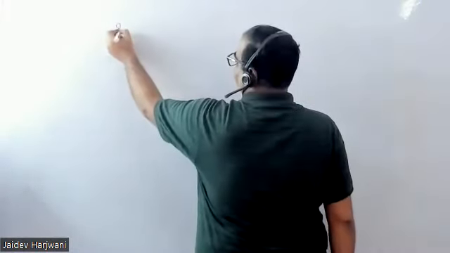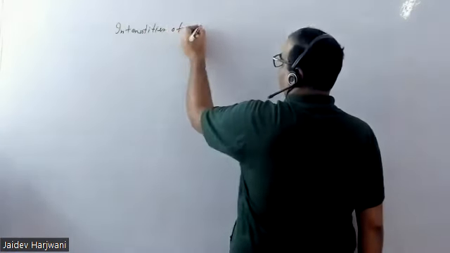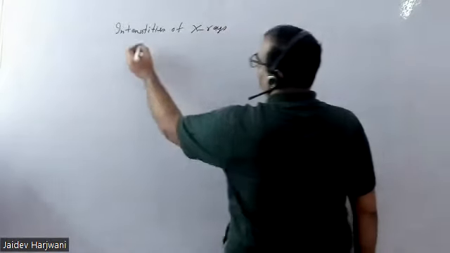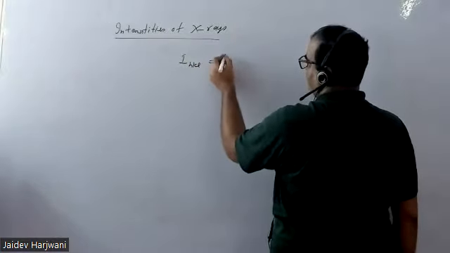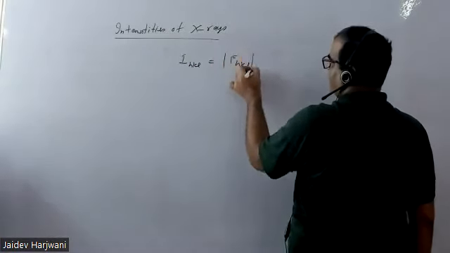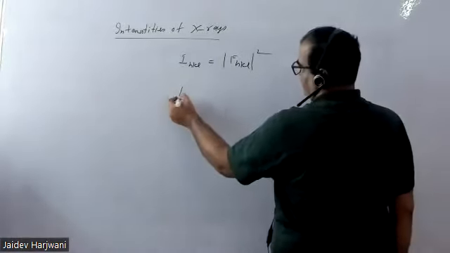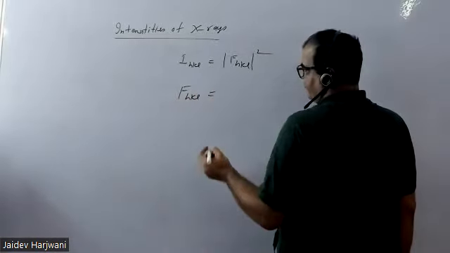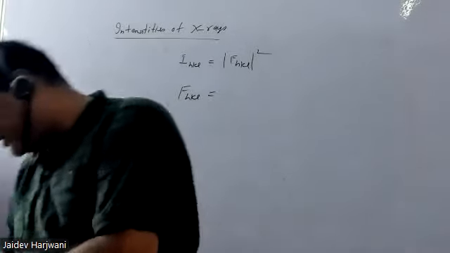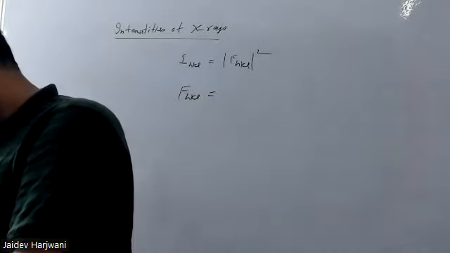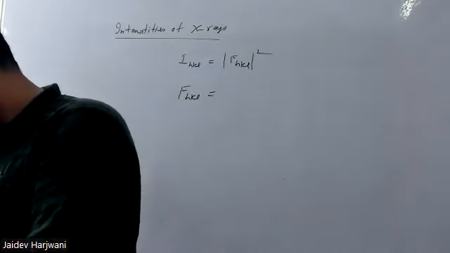The intensity of X-rays for HKL is given by FHKL, and FHKL is the structure factor. What is the formula for it? Anyone?